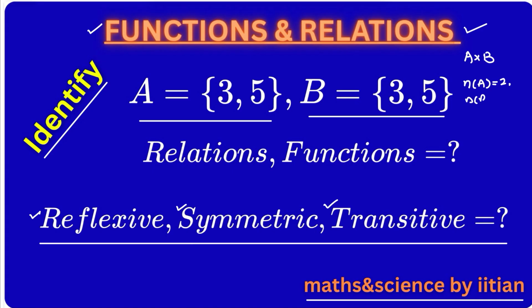The number of elements of B is equal to 2. Number of functions is equal to Q to the power of P, that is 2 to the power of 2. Number of functions is equal to 4.